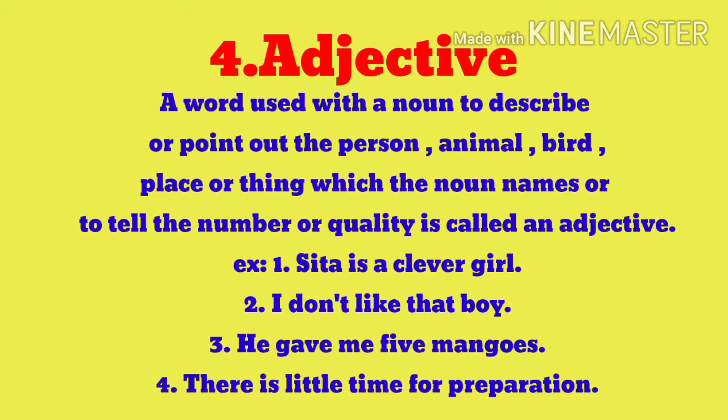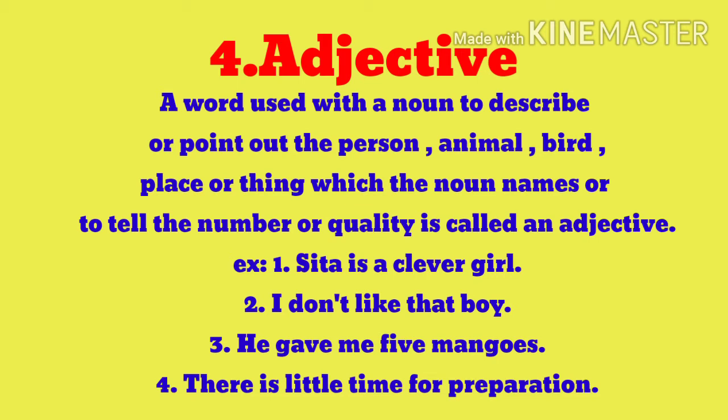In sentence 1, clever shows what kind of girl Sita is. Or in other words, clever describes the girl Sita. In sentence 2, that points out which boy is meant.